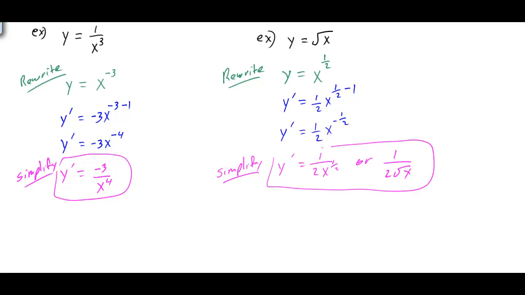Either one of those would be correct. And you're going to find out the higher you go in math, a lot of times we don't really care if you leave it as a negative exponent. Sometimes it's just as well to leave it as a negative. Other times you will want to make it a positive exponent.